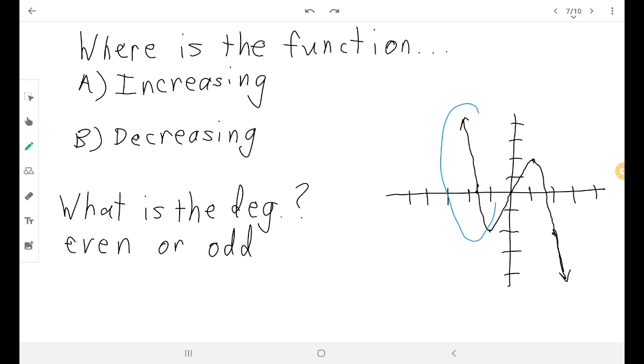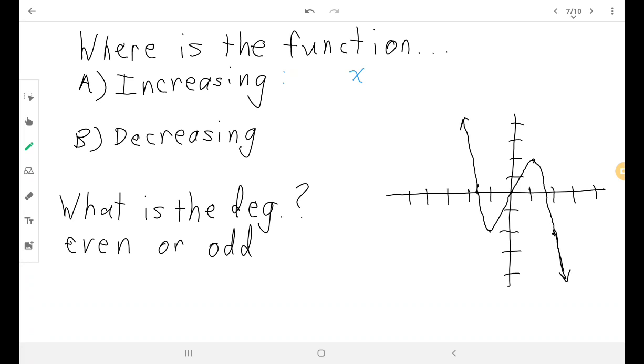From here to here, from negative infinity to this turning point down here, it's going down. And from that turning point forever to the right, it's also going down. So it's increasing in one spot. And so what we would do is we always want to define these by their x values, where they fall.